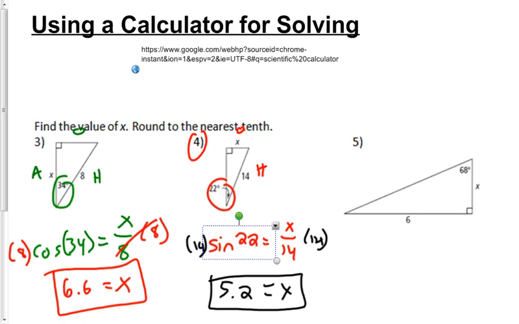All right, our last one right here, we have this angle right here, and we have the opposite, and we have the adjacent. So TOA, or tangent, of 68 is going to be equal to the opposite, which is 6, over adjacent, which is x. Now this is interesting because if we multiply both sides by x, that would get rid of this fraction.